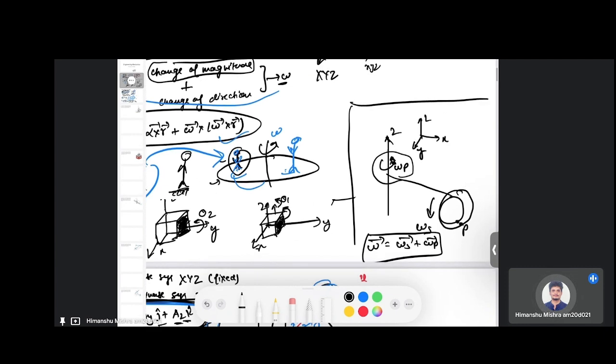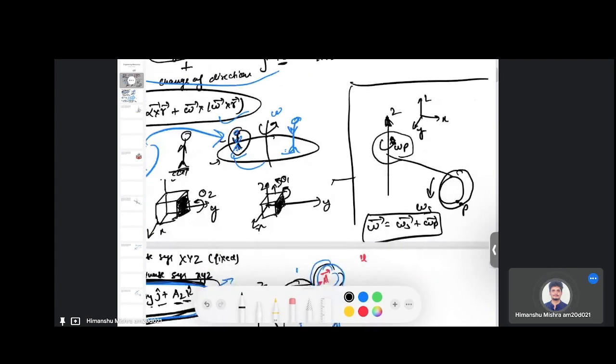If omega p is 0, let's say the z axis is not rotating at all, you get the angular velocity of the disk as just omega s, which is the only angular motion. But if there is another angular velocity about the z axis, the resultant angular velocity will not be just omega s, it is omega s plus omega p.